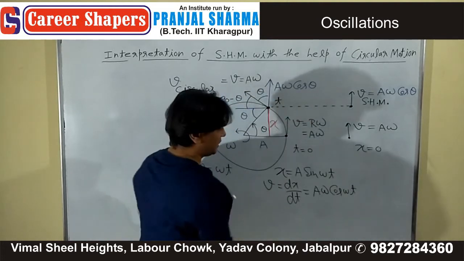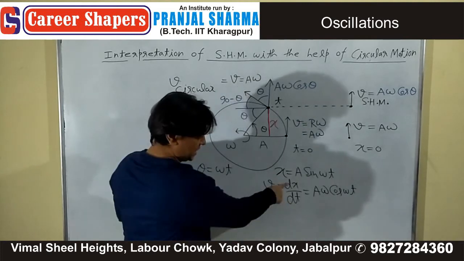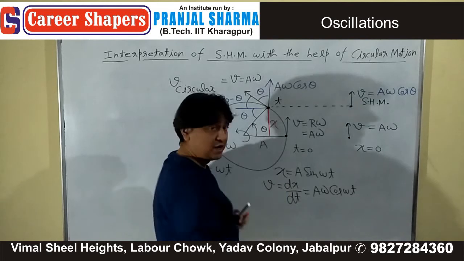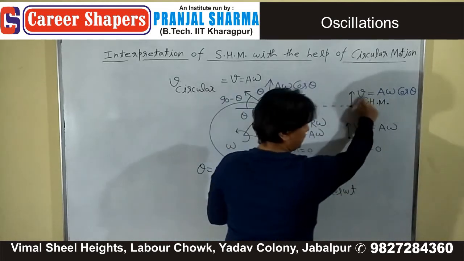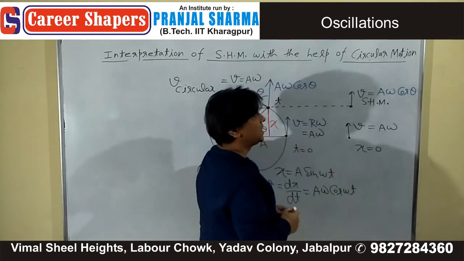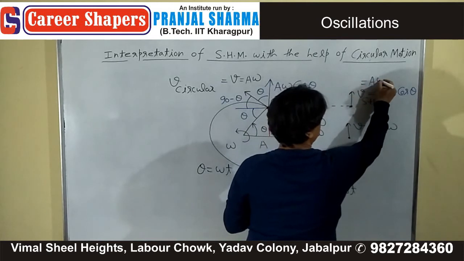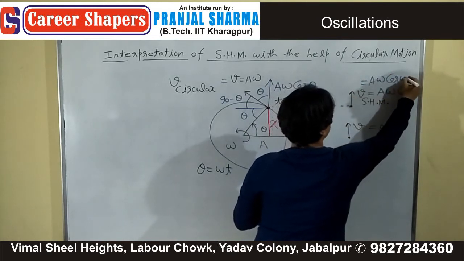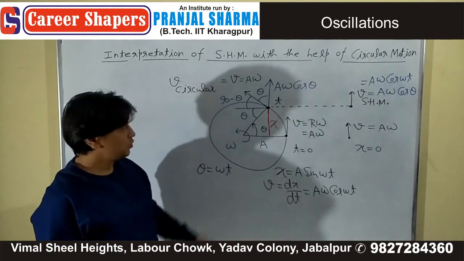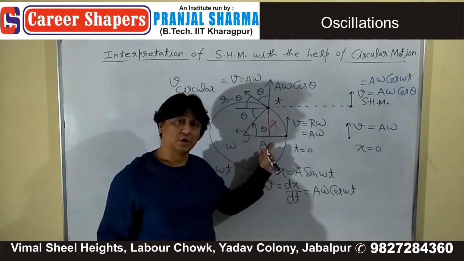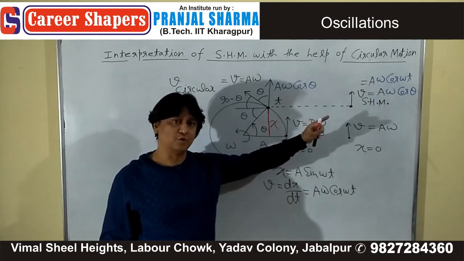That change of x with respect to time is called dx by dt. This dx by dt is A omega cos omega t. Look here, dx by dt is coming A omega cos theta. What is theta? Omega t. With the help of circular motion, we have developed velocity during simple harmonic motion.